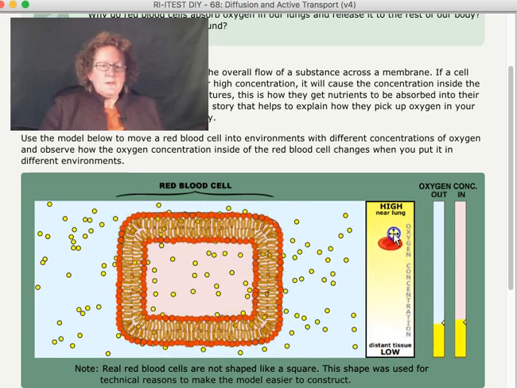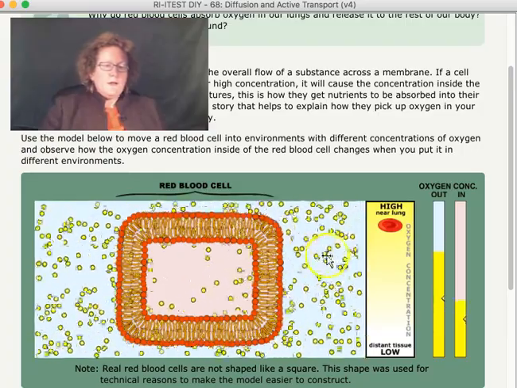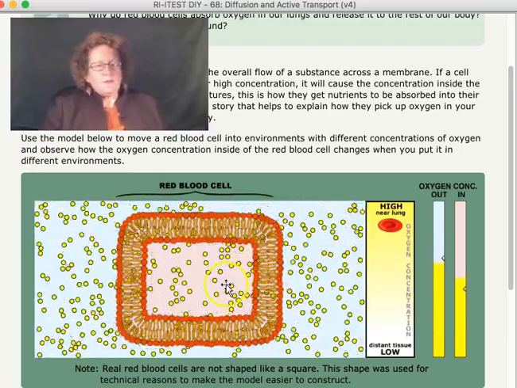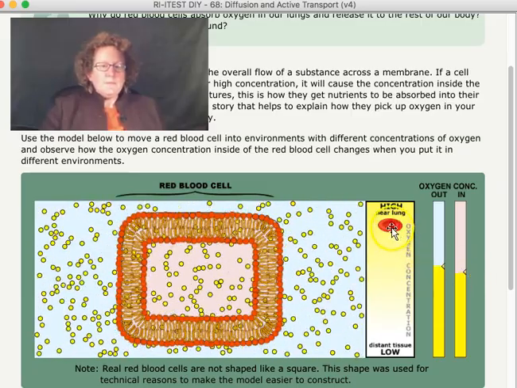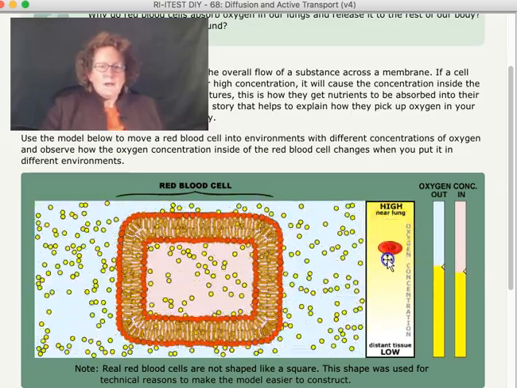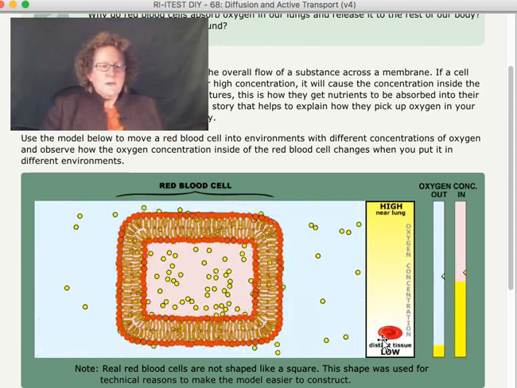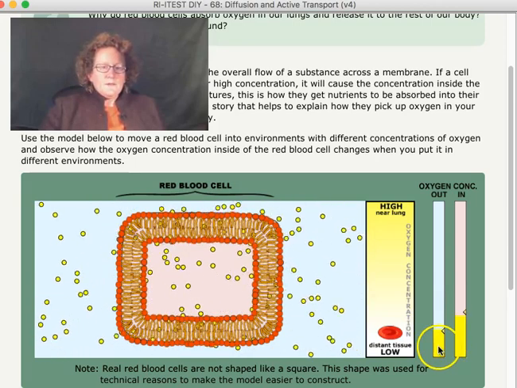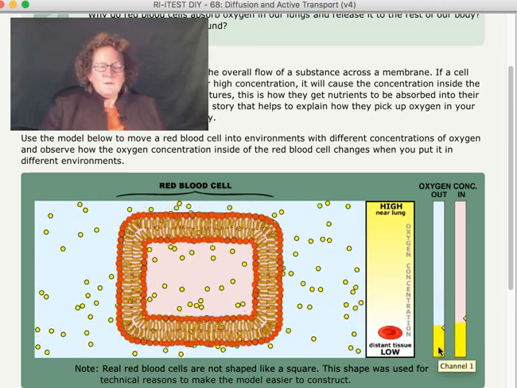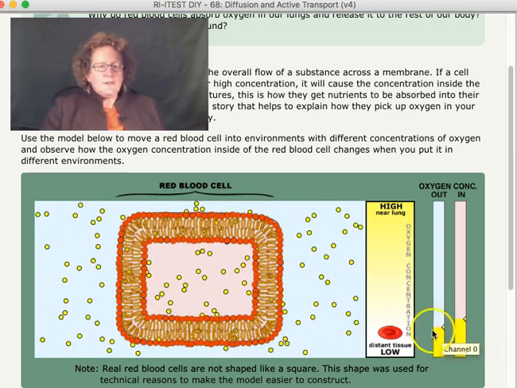Let's go back up to the lungs, pick up some oxygen. So we're going to an environment where it's high oxygen on the outside and low on the inside. It quickly comes to equilibrium, and then the cell takes a little ride through your blood vessels down to your toes where the oxygen's pretty low, because you've been making ATP, and the oxygen on the outside is leveling off with the oxygen on the inside.